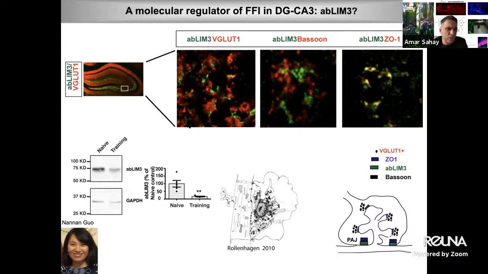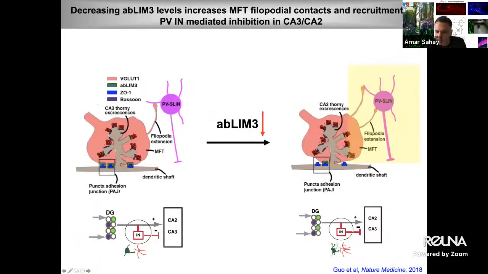And through a series of experiments that are documented in this paper, we found that ABLIM3 levels naturally go down with learning. If you artificially drive levels down, akin to what is seen with learning, you get an increase in mossy fiber terminal filopodial contacts with parvalbumin inhibitory neurons.